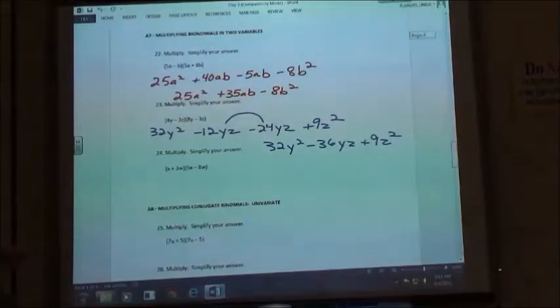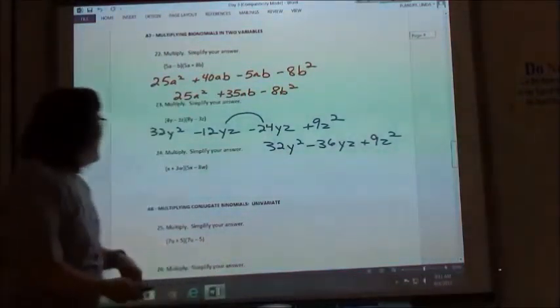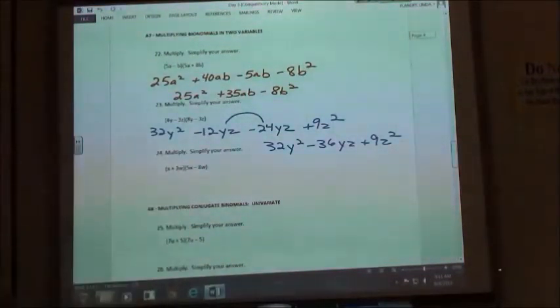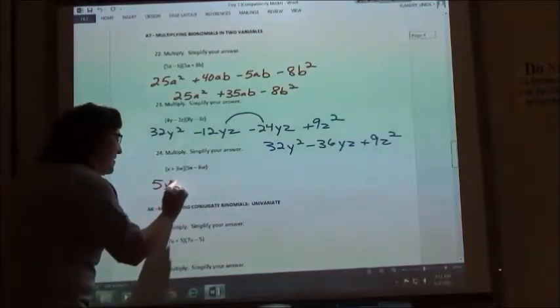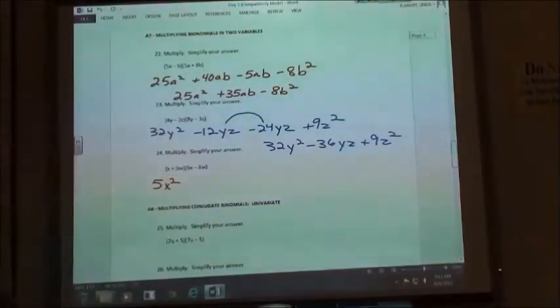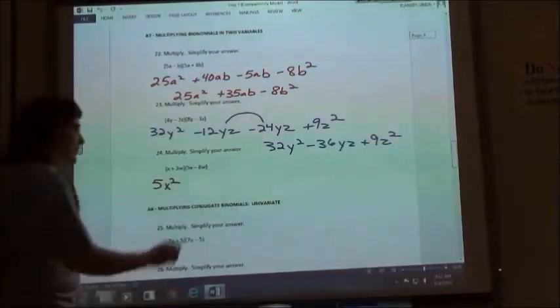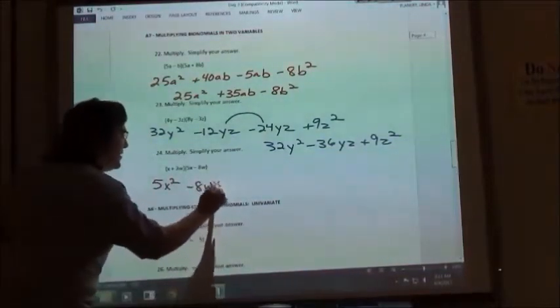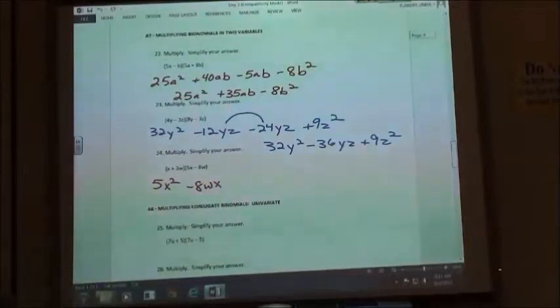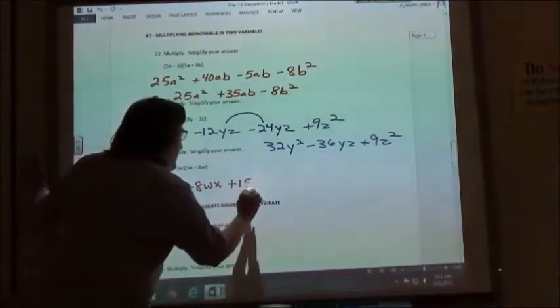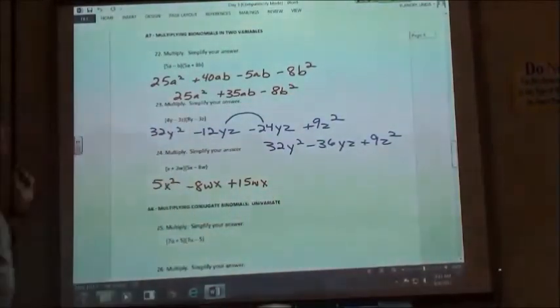Sure. 24, if we do that one quick, x times 5x would be 5x squared. X times negative 8w, negative 8wx. Inside, 3w times 5x, positive 15wx.